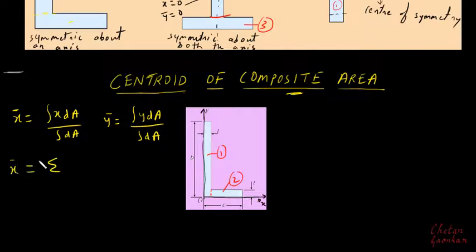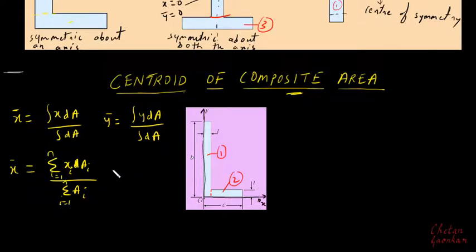So this x bar in this composite area can be written as summation of x dA, that is, summation of xi ai divided by summation of ai, where i goes from 1 to n.